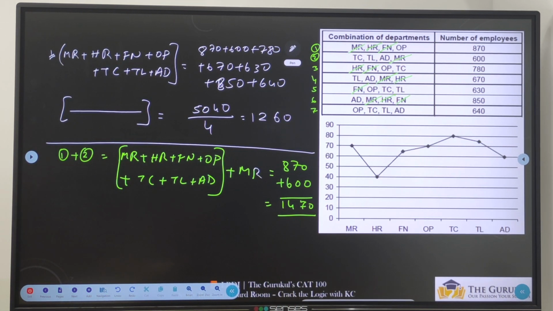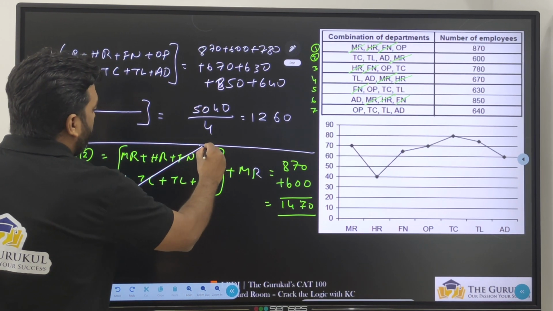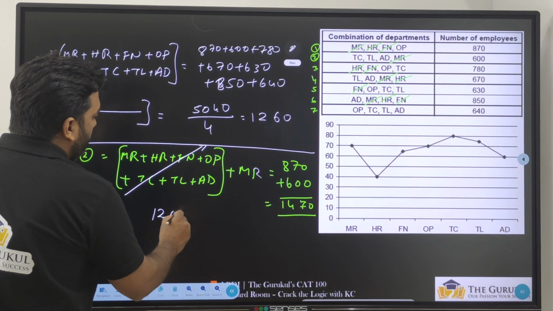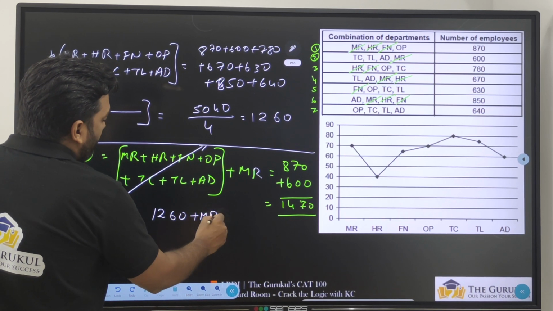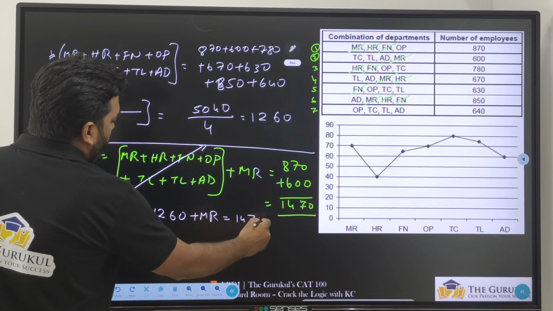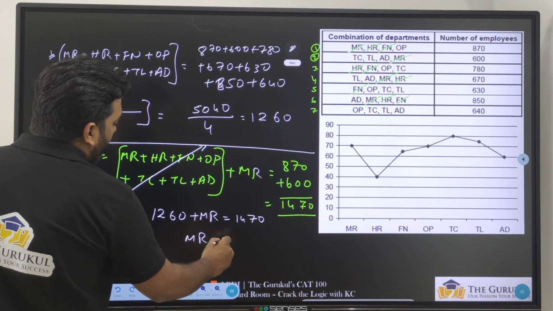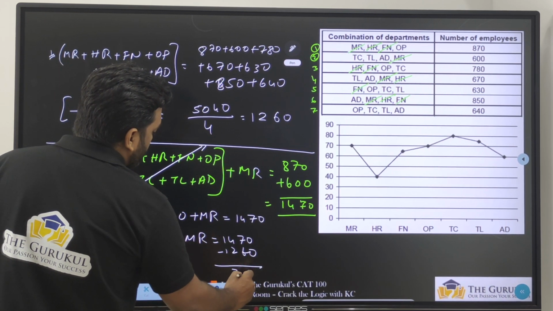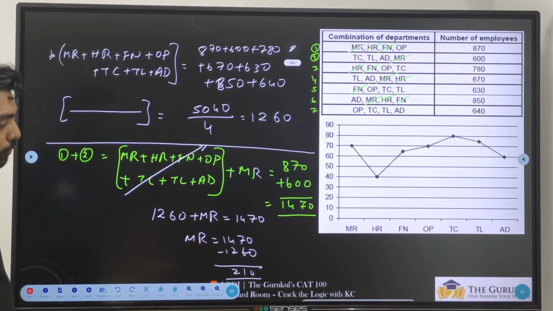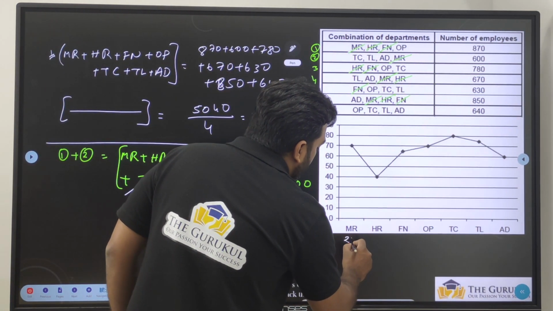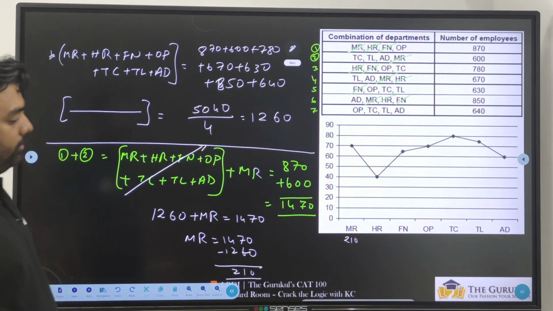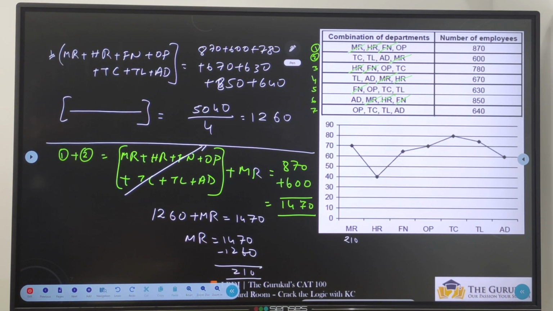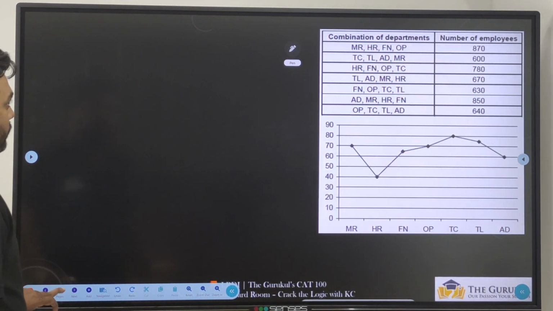Yes or no? Perfect. But I already know sum of all these values will be equal to 1260, plus MR is equal to 1470. So MR value will be equal to 1470 minus 1260, which is 210. Now what is this 210? The strength of MR. Clear?